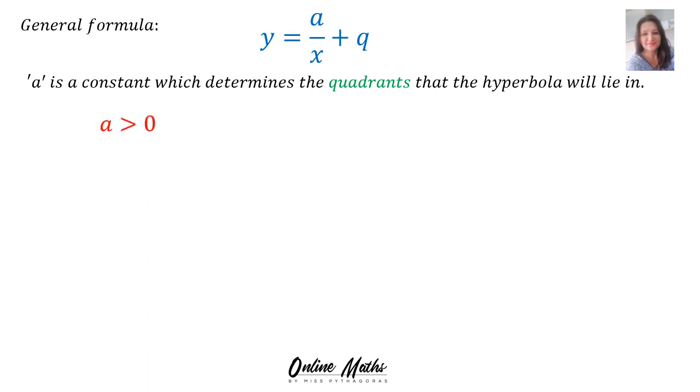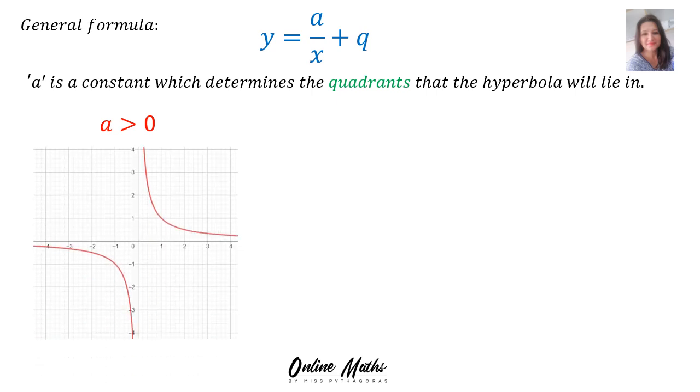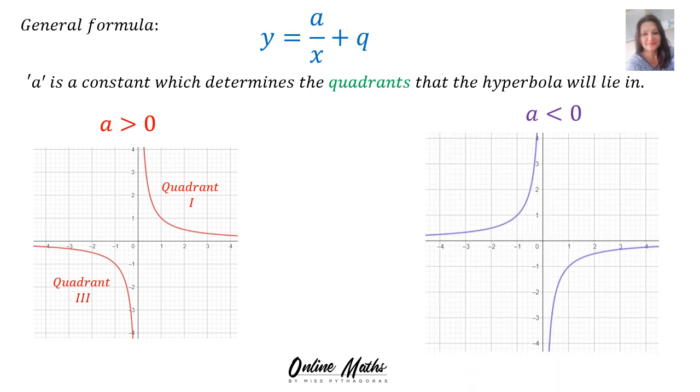When a is greater than 0, that means a is positive, your hyperbola will look like that and lives in the first and the third quadrant. When a is smaller than 0, in other words negative, then your hyperbola lives in the second and the fourth quadrant.